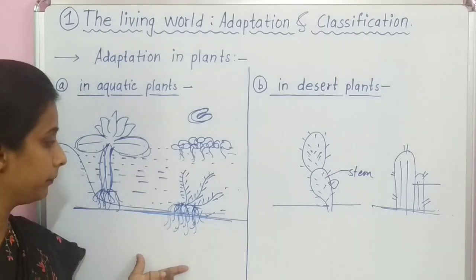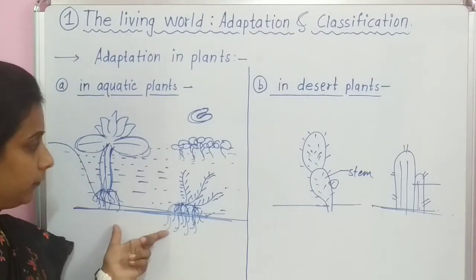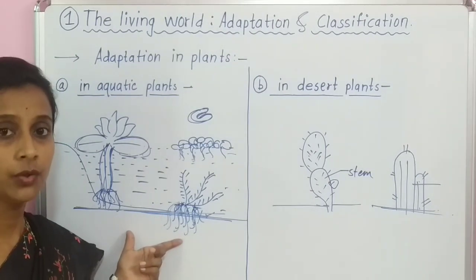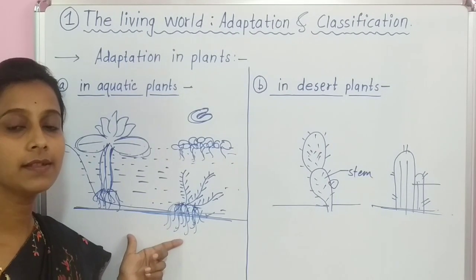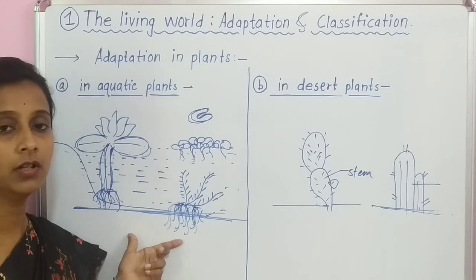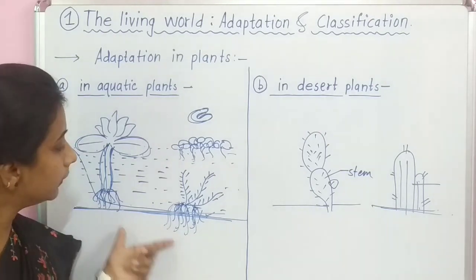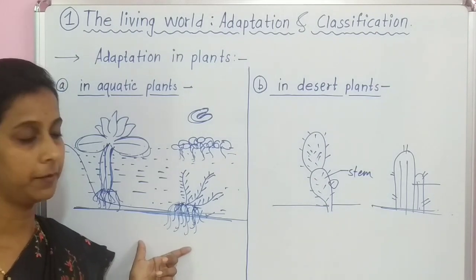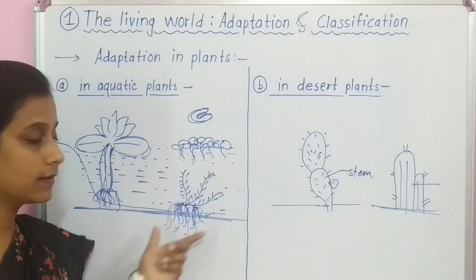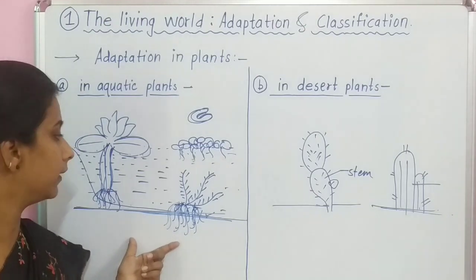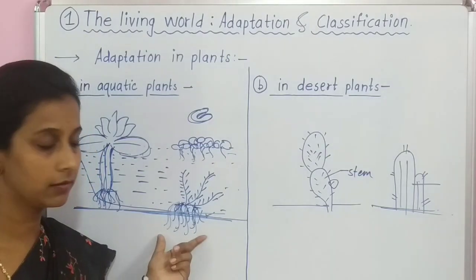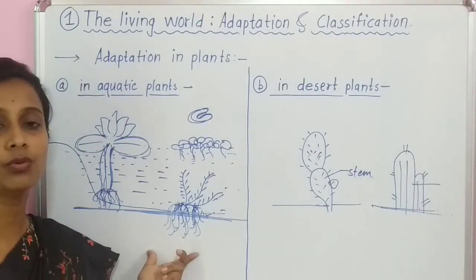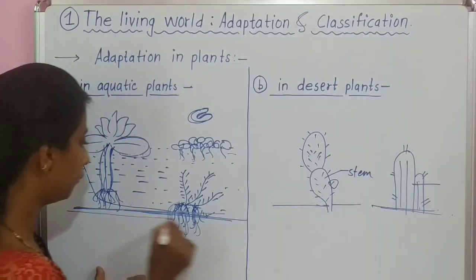See here, in this water body different plants are present. According to the position of the parts of the plant, aquatic plants are divided into three types. First, the roots of this plant are totally dipped into the soil at the base of the water body.